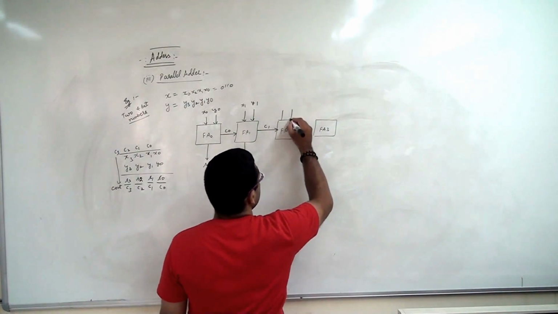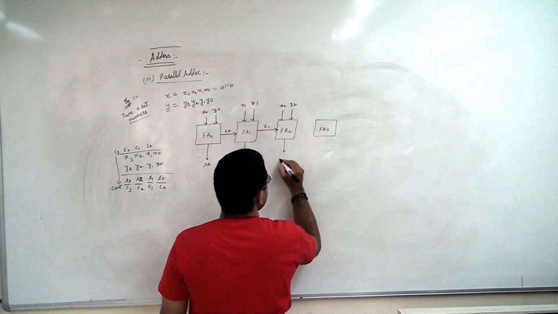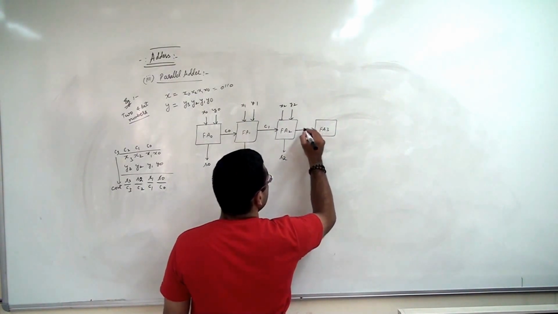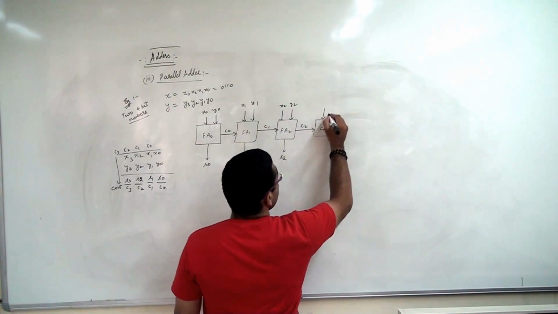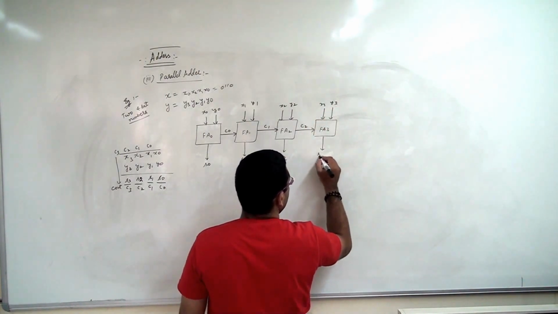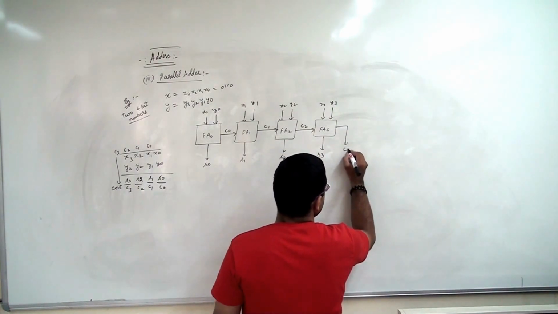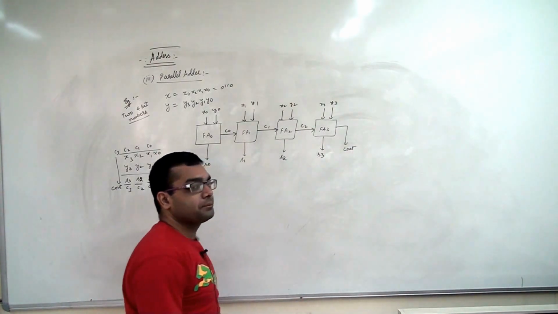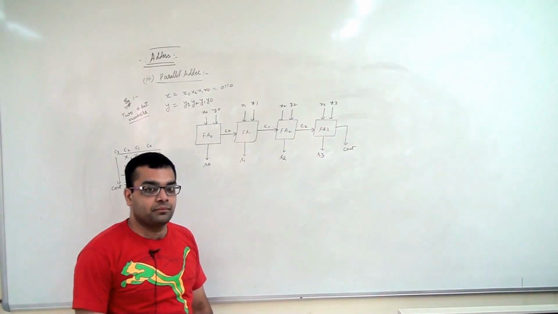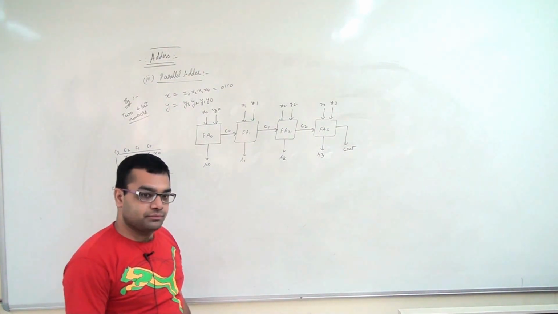Now again add x2 and y2, sum is S2, then I add again, this is C2, then x3 and y3 coming over here, I have S3 coming out. Now C3 is coming out, which is also my C out or the output carry. All right. So this you can see.